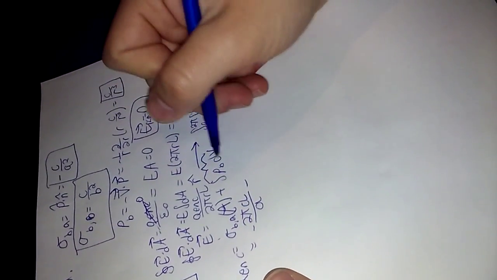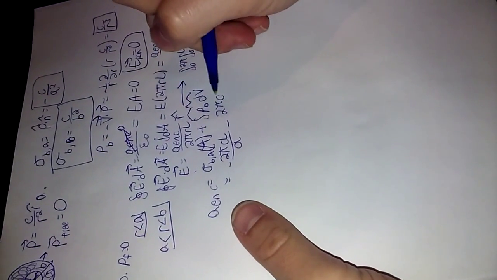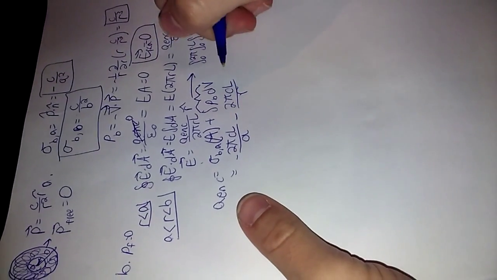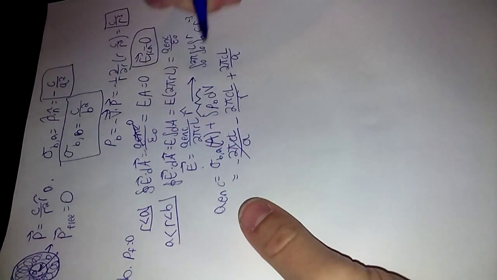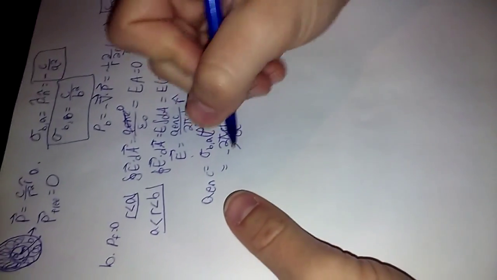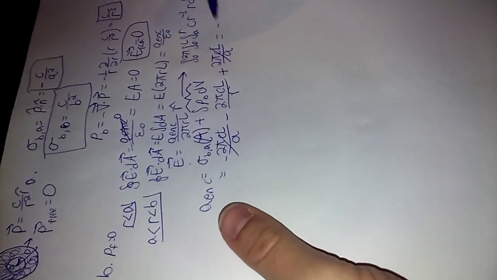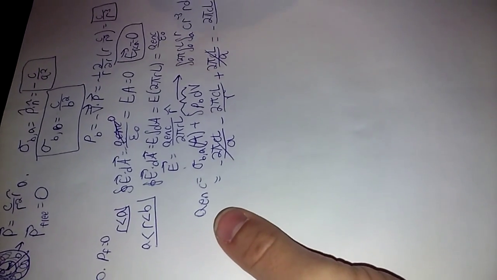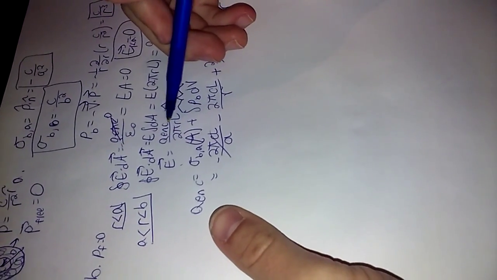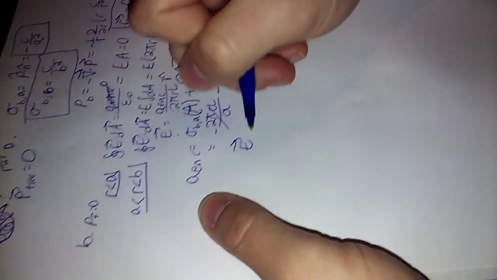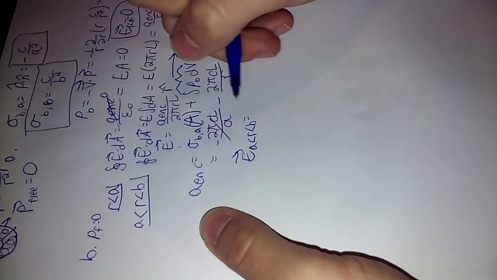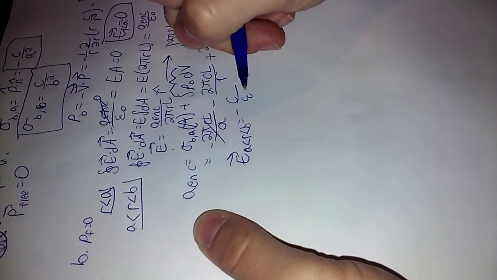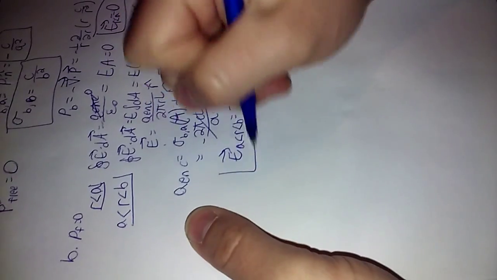And when we take the integral of this, we find that this is minus 2 pi CL over R, plus 2 pi CL over A. These cancel. So Q enclosed is just negative 2 pi CL over R. Plugging that in for Q enclosed up here, we find E for A less than R less than B is negative C over epsilon naught R squared in the R hat direction.